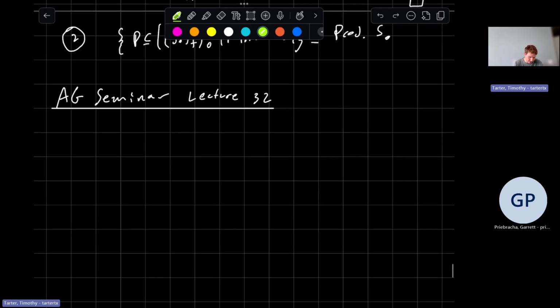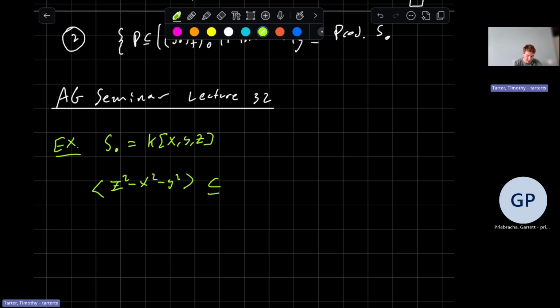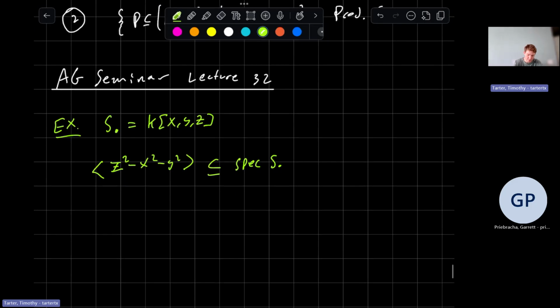Kind of the thing that Vakil has right after this is that the correspondence of the points of Proj with homogeneous prime ideals helps us picture Proj. So for example, if our graded ring is over x, y, and z, then we can picture the homogeneous prime ideal z squared minus x squared minus y squared as first a subset of the spectrum of the graded ring, namely a cone, right?